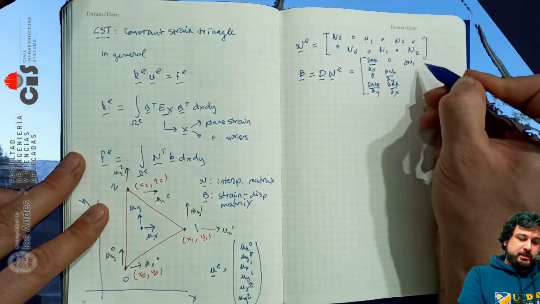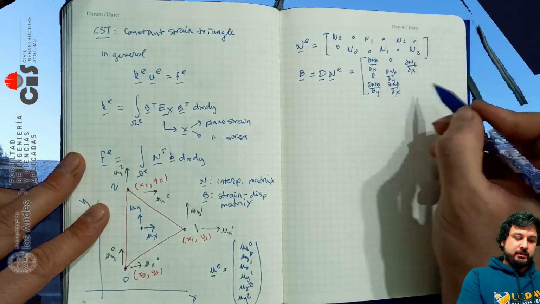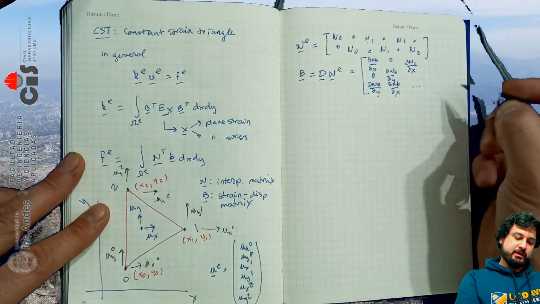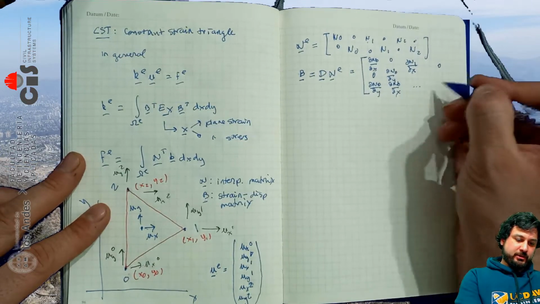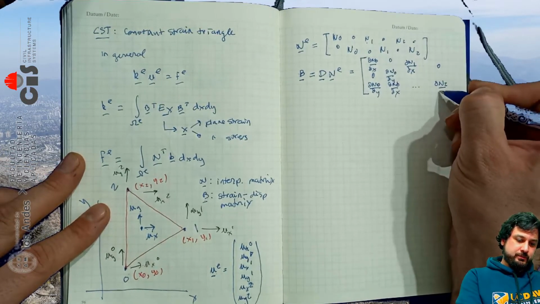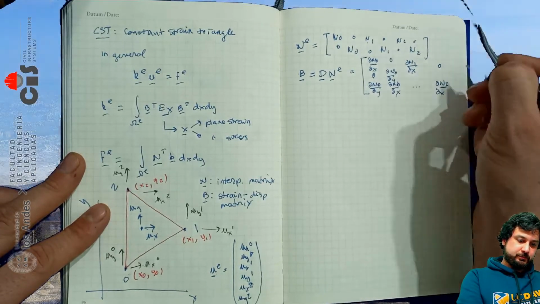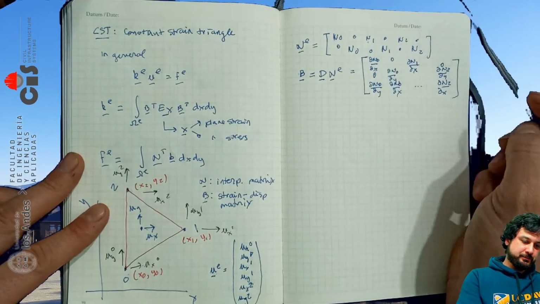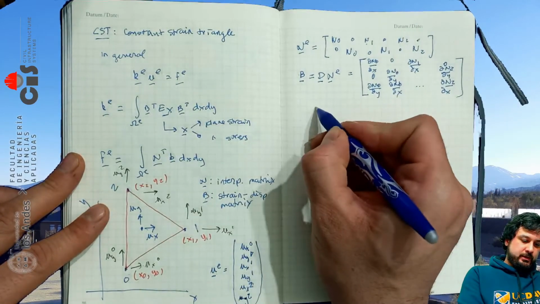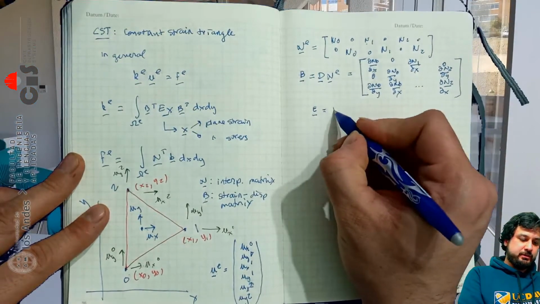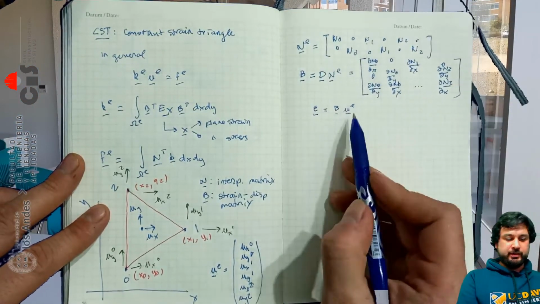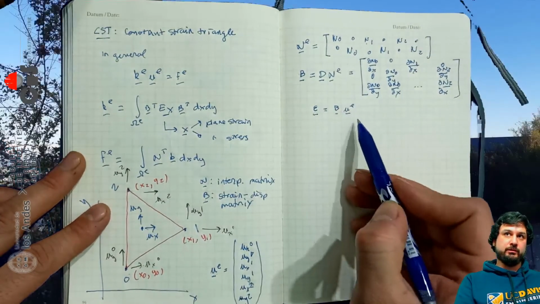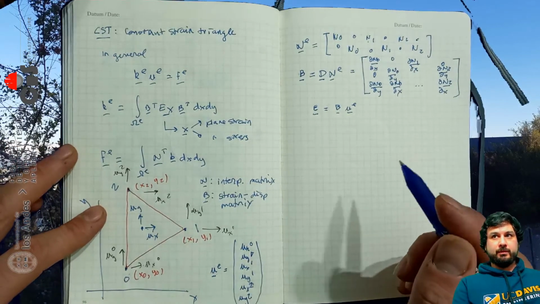Then we have dN1/dx, and the structure continues with dN1/dy, dN1/dy, dN1/dx, and the final column is going to have dN2/dx and dN2/dy. Remember, if you want to know the strains at a position, that's what you use the strain displacement matrix for. It gives you interpolation of strains given the nodal degrees of freedom.